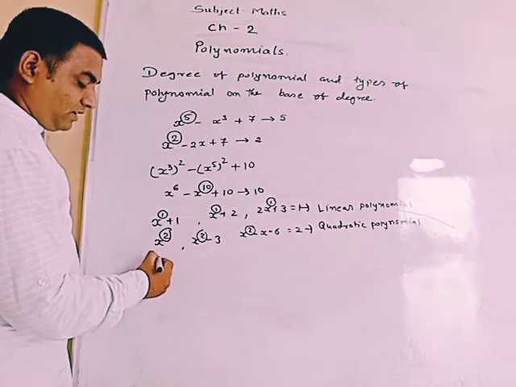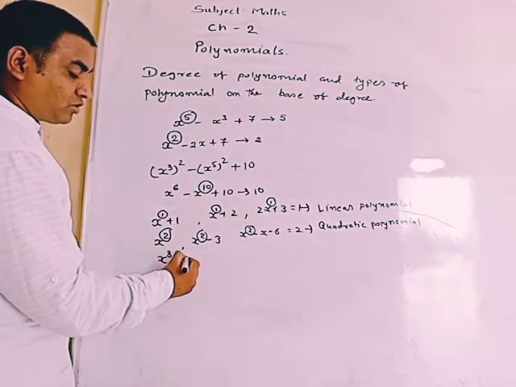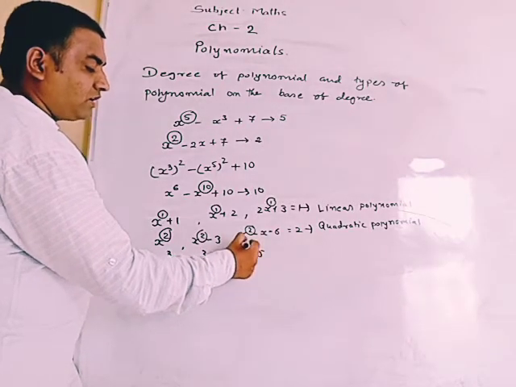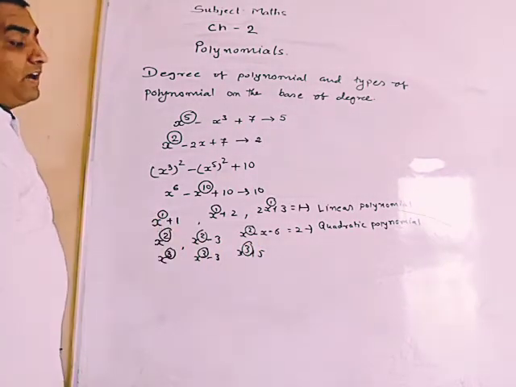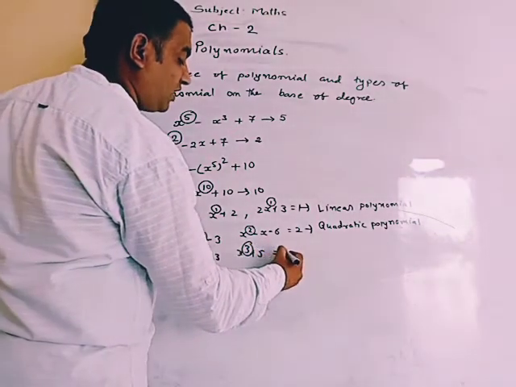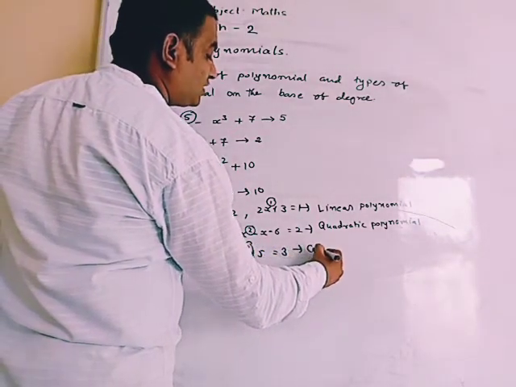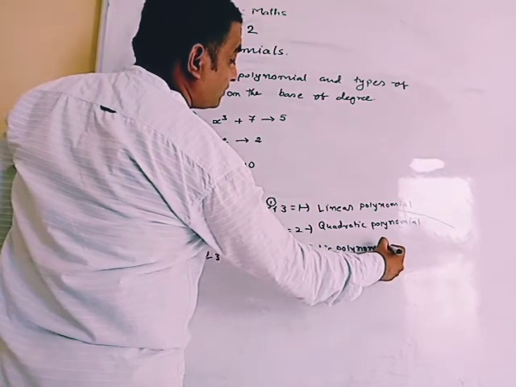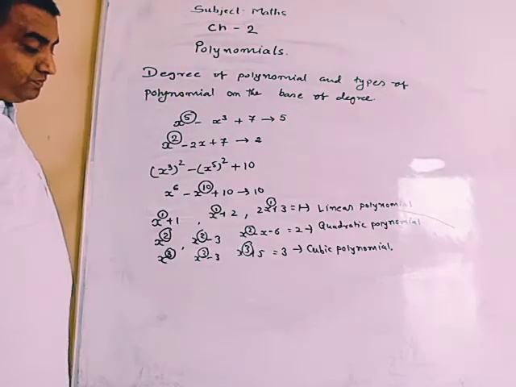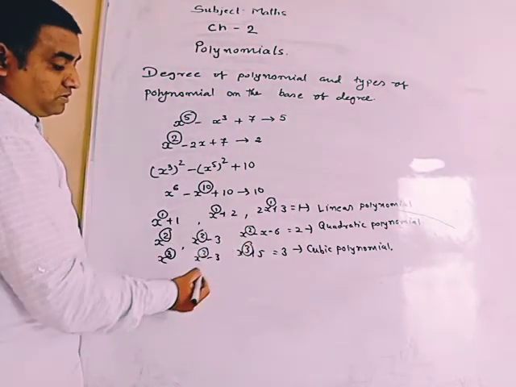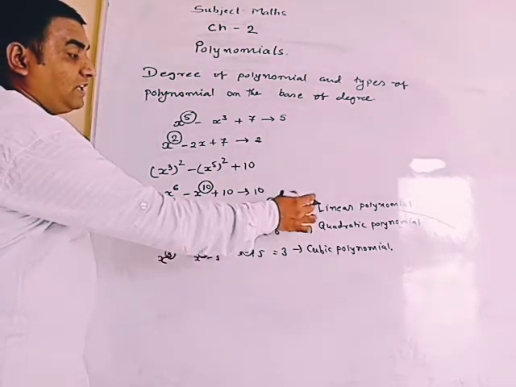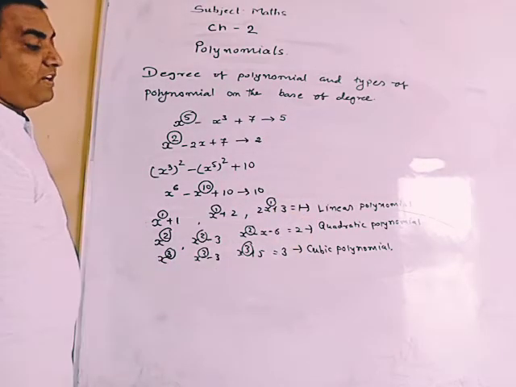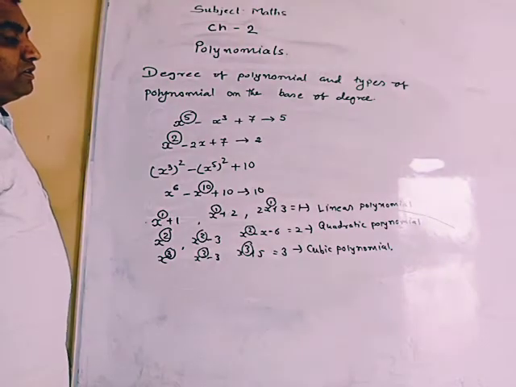If we write x cube minus 3, x cube plus 5, here the highest power is 3, so the degree is 3, and they are known as cubic polynomials. So degree 1 is a linear polynomial, degree 2 is a quadratic polynomial, and degree 3 is a cubic polynomial.